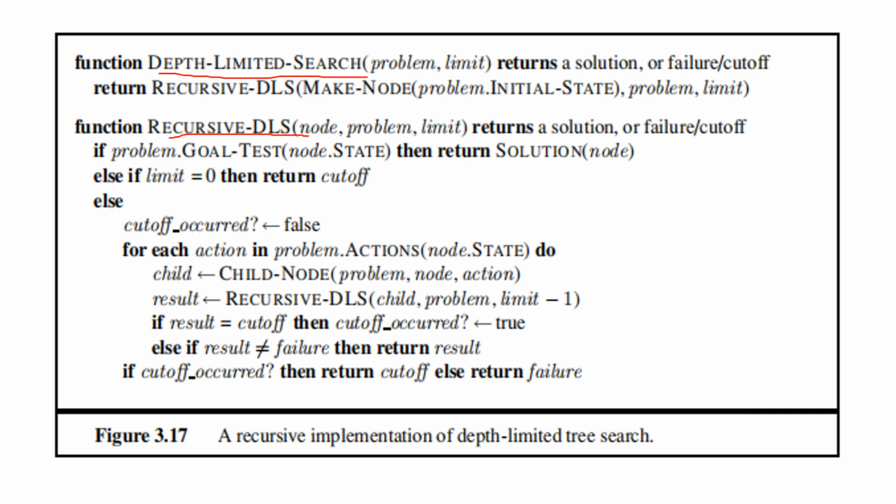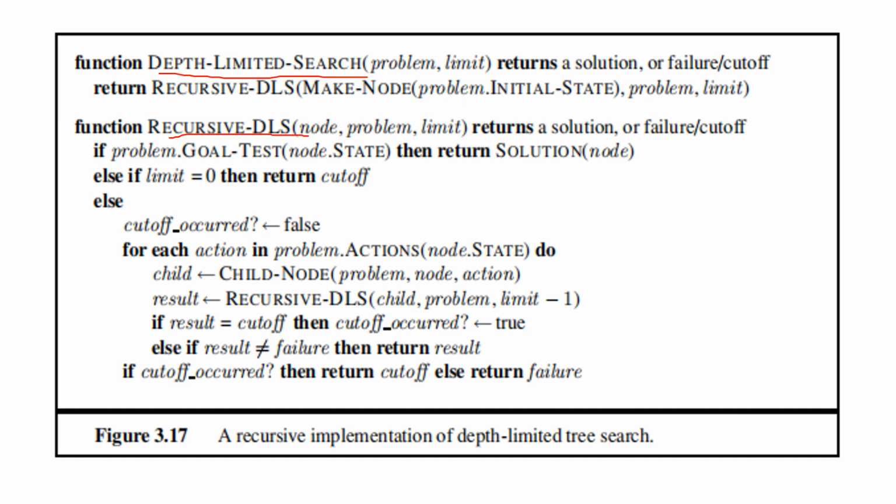Then here we can see cutoff occurred is false, for each action in problem actions. So here it assumes that there is no cutoff initially. So initially we are setting it as false. Try each possible action. That means we will go through each child node, and work exactly like DFS from left to right.